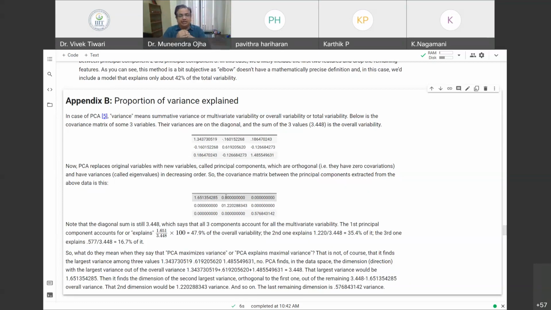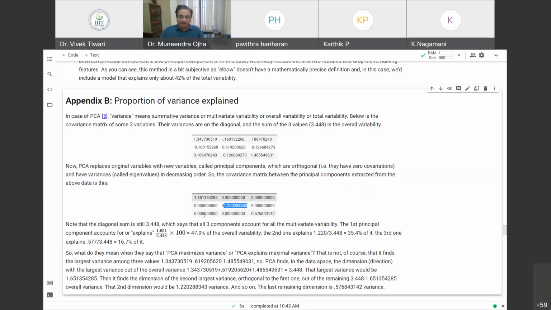They are linearly independent of each other. That is why we obtain the non-diagonal values as zero. The diagonal values are the variance explained by each eigenvector.